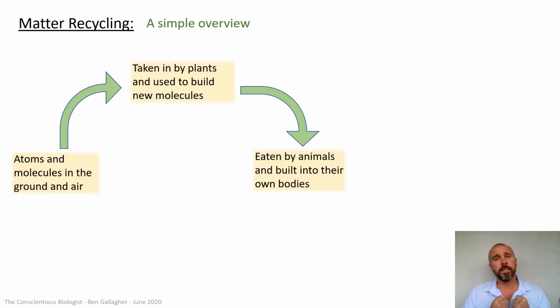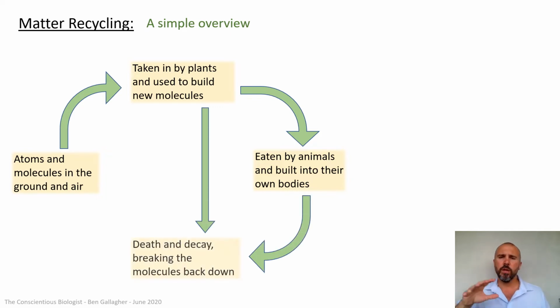They're eaten by animals and built into their own bodies. So those atoms are now inside the animals. When the animals and plants die, they decay, which means they get broken down, and those atoms return back to the ground and the air. And we've got that complete cycle now. So you've recycled everything. It's gone round and round there.